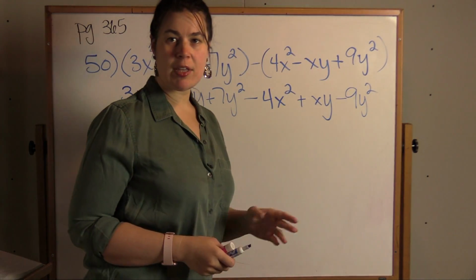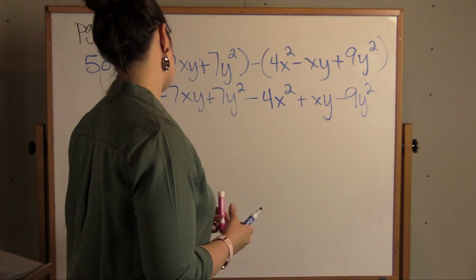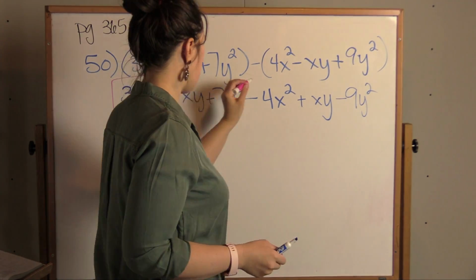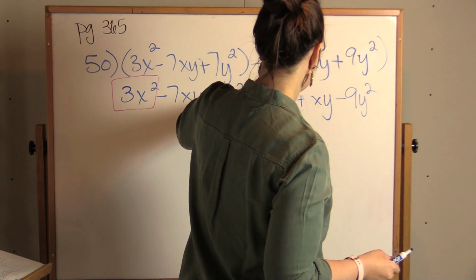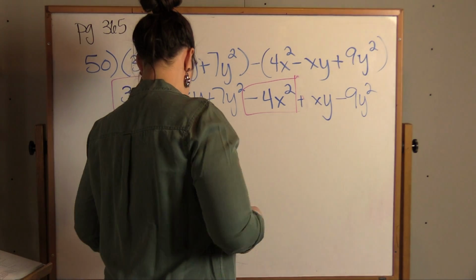Now that we have everything written with the correct sign, we're going to group it by like terms. So 3x squared is going to get a box because I have another x squared over here. Oh, whoops, didn't mean that plus to get in there. There we go. All right.